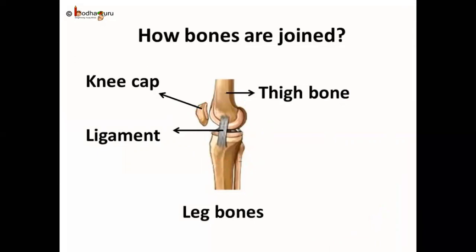That is why our bones are joined together, and it gives stability and balance. So it is all based on the bones with the help of the ligament. Understand? This is a small video representation.